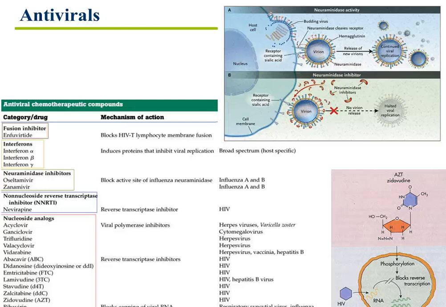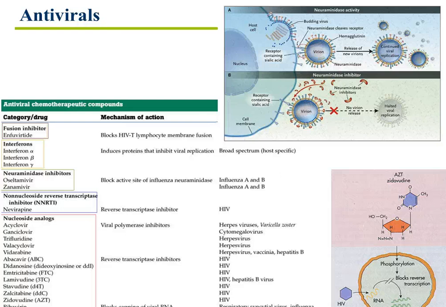And there are a lot of drugs that act as nucleotide analogs, like a drug that looks like uracil, or a drug that looks like adenine. And so the host cell picks up the drug, thinking that it's adenine or uracil, when it's trying to construct viral genetic information, and it can't do it.